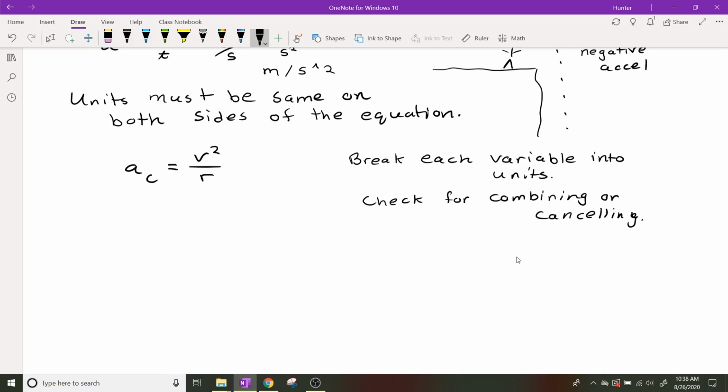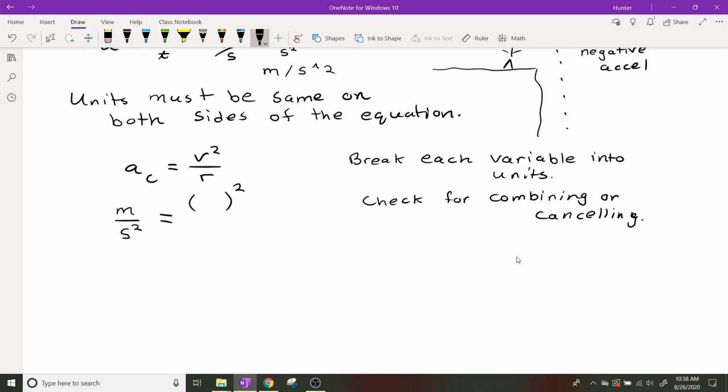So acceleration, what is that measured in? We're going to write meters per second squared. On the other side, we're going to write our velocity, and this is where we have to be careful because it's the velocity squared. So I'm going to put parentheses around my velocity and square everything inside there.